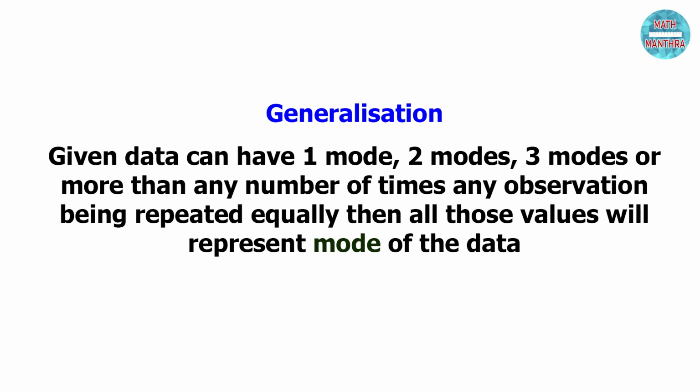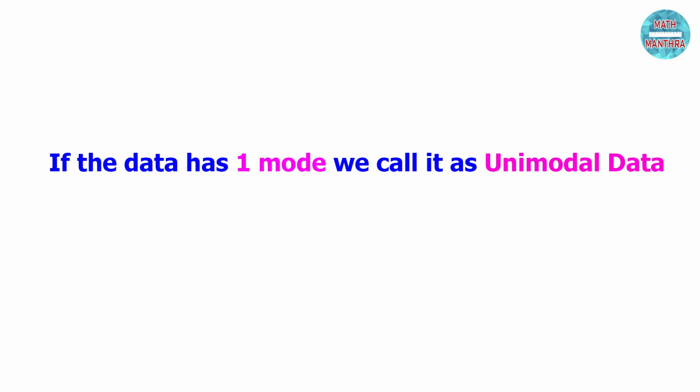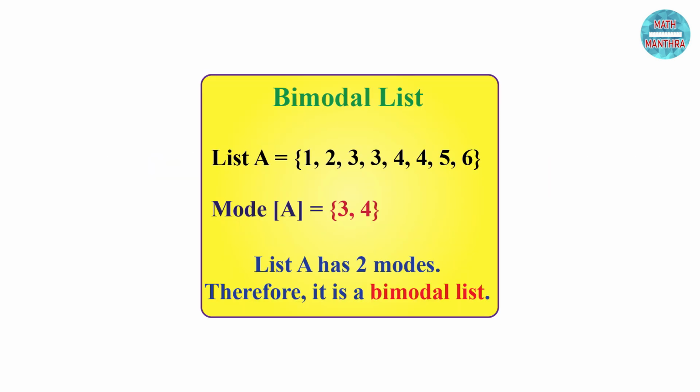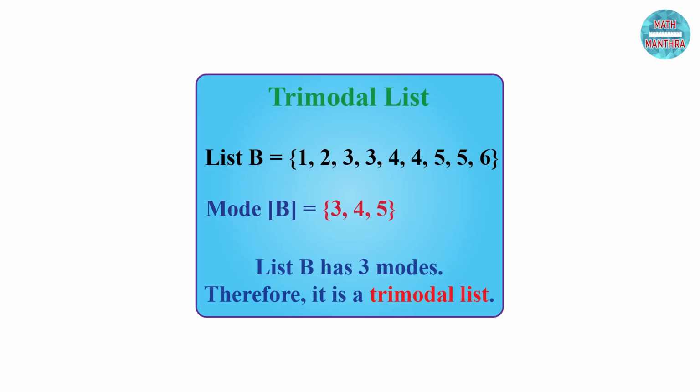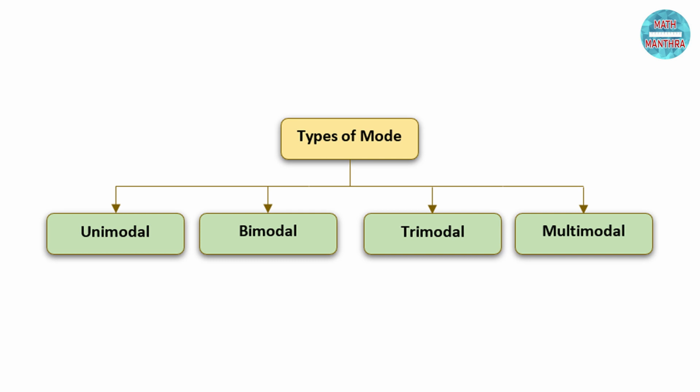So what we can say is, if the data has 1 mode, we call it unimodal data. If it has 2 modes, then it is said to be bimodal data. 3 modes is trimodal data. If it is more than 3, starting from 4 onwards, any number of times a particular set of observations are repeated equally, then it is said to be multimodal data.